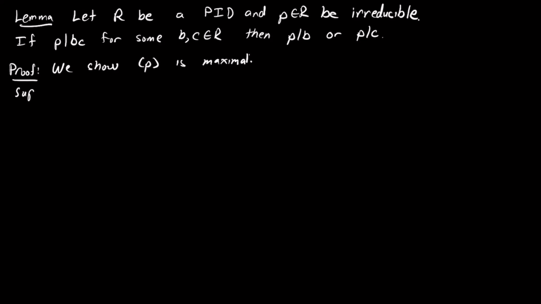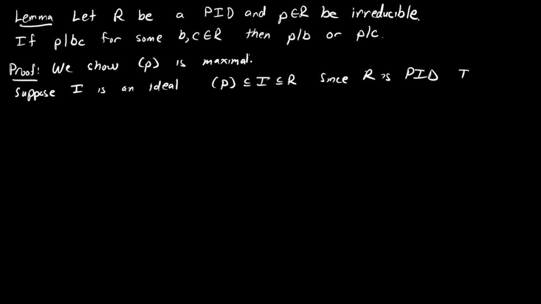So I'll say, suppose that I is an ideal, and I know that I is between the ideal generated by p and my ring R. Okay, since R is a PID, I know that I can be written as the ideal generated by d for some element d in my ring.